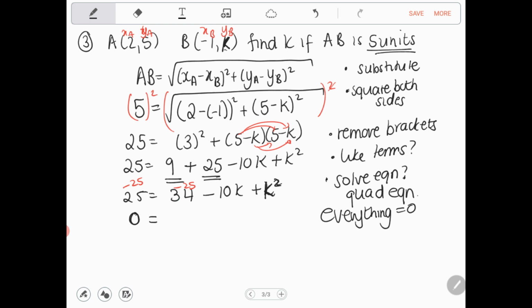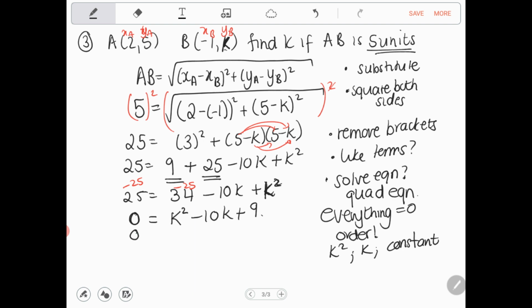34 minus 25 gives me 9, but remember, what's your order, hey? You want to have your k squared first, then you want your k term, and then you want your constant. So it's your k squared, your k, and your constant, so that you can factorize it. Okay.